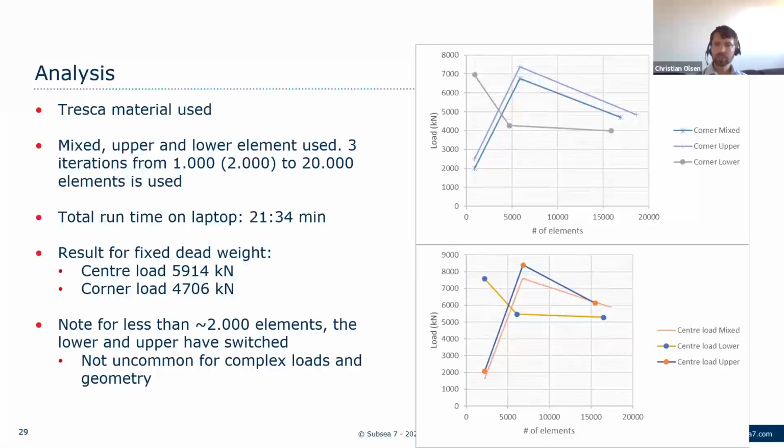That's why you then need to do the sensitivity of the mesh to investigate when it becomes a smaller distance between the upper bound and the lower bound, and then see how the mix is coming in between here.